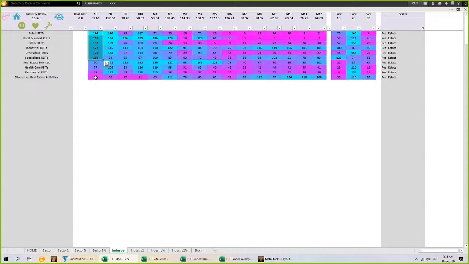You can see the lower ones are not strong. They are in magenta color. I sorted it to keep the best performing ones at the top. And if we look to the right, they were weak earlier. So they are turnaround candidates also at the industry level.